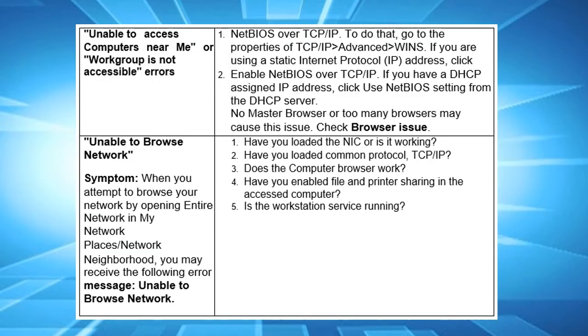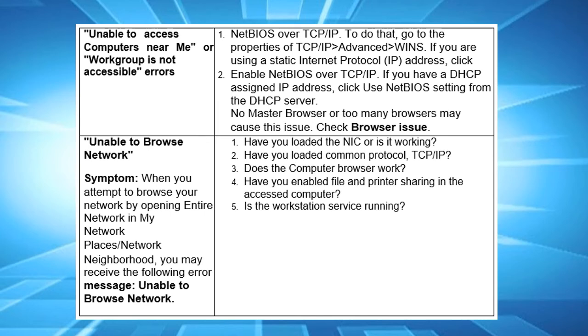Then the last two network errors. We have the "unable to access computer near me" or "workgroup is not accessible" errors. For these errors, the possible solution is to enable NetBIOS over TCP/IP. To do that, go to the properties of TCP/IP, Advanced, WINS.